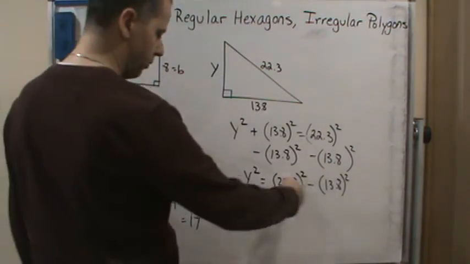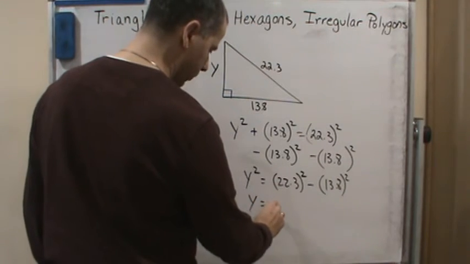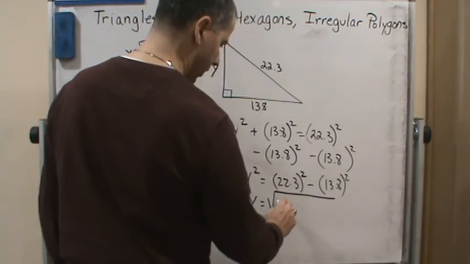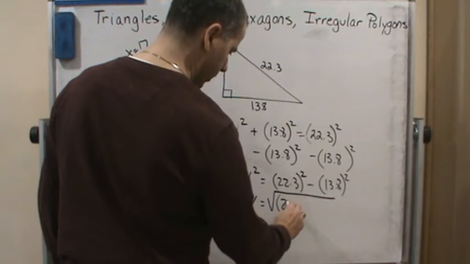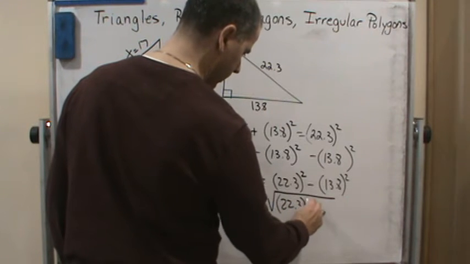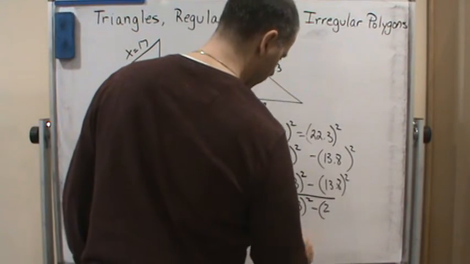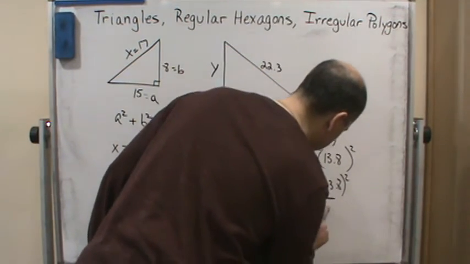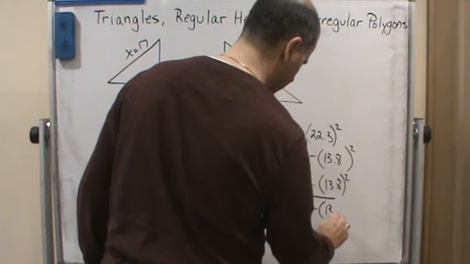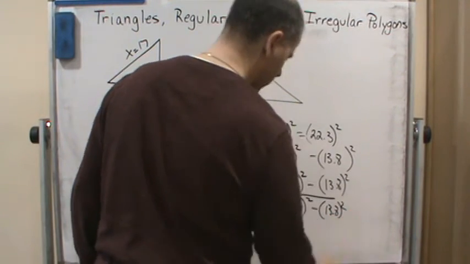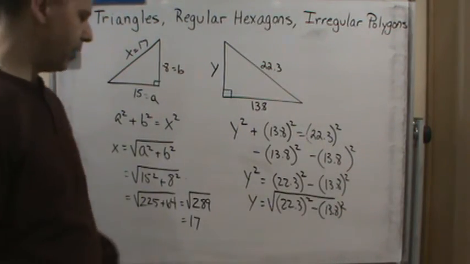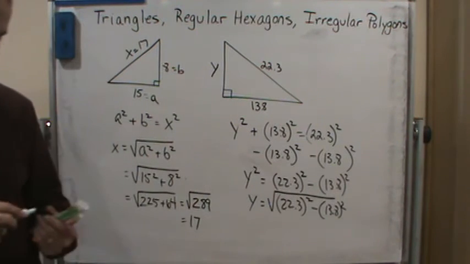Now if I take the square root of both sides, I get y equals the square root of the quantity 22.3 squared minus the quantity 13.8 squared.